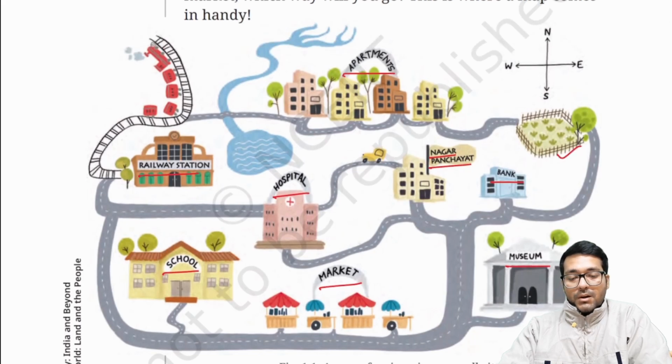You can see a park, a lake, and railway line here. Similarly, you can see two double-headed arrows cutting each other at 90 degrees, pointing directions north, south, east, west.